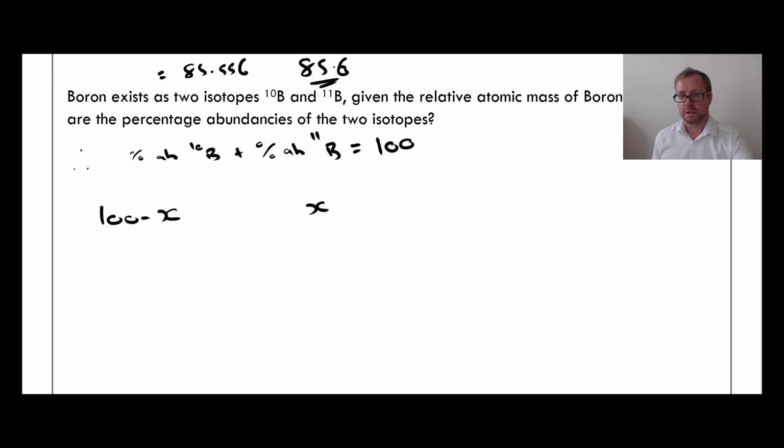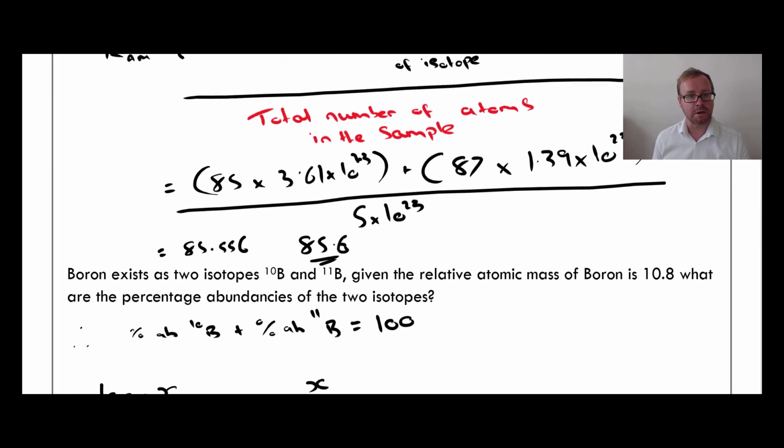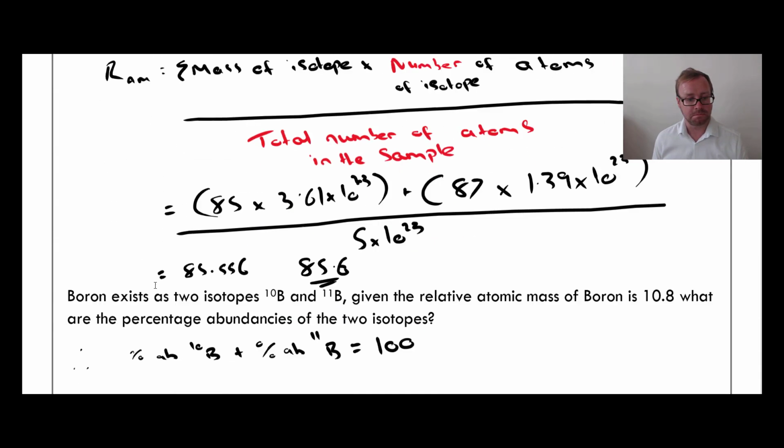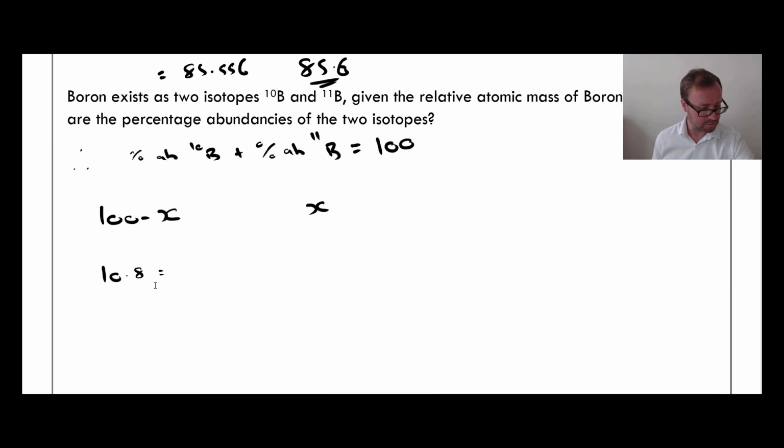I know that the relative atomic mass is 10.8. We're going to be using this formula again. So my mass of the isotope is equal to 10, and I don't have a percentage abundance, but I can calculate it using 100 minus x.